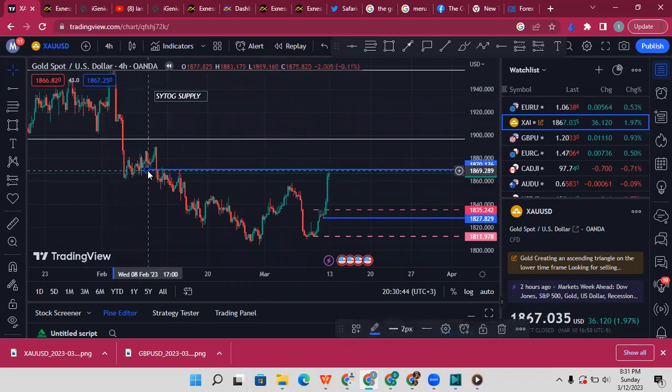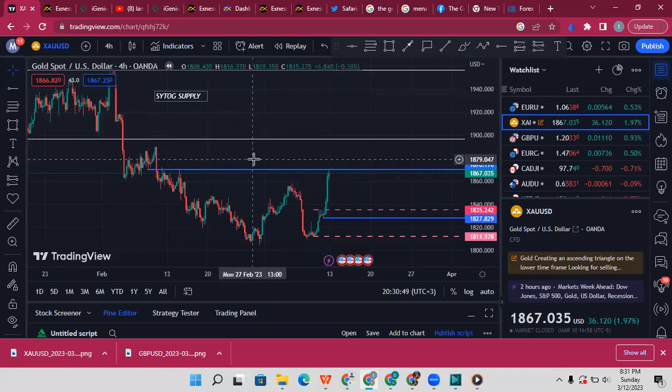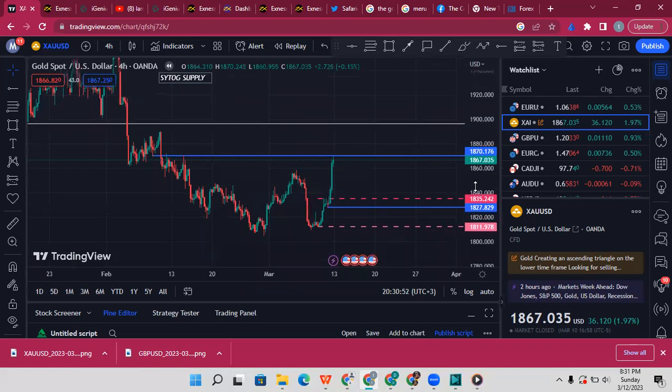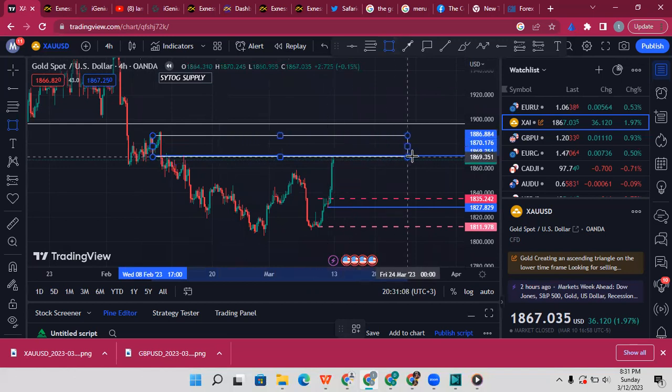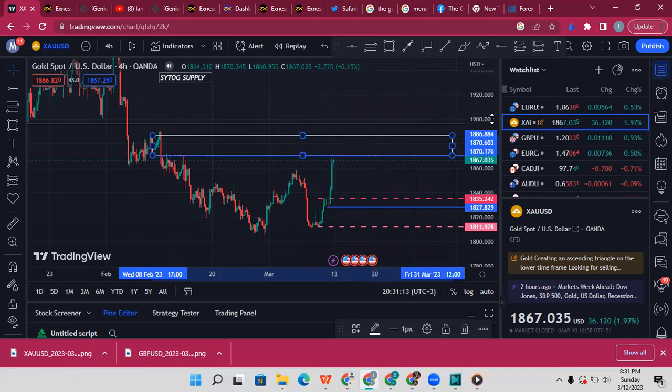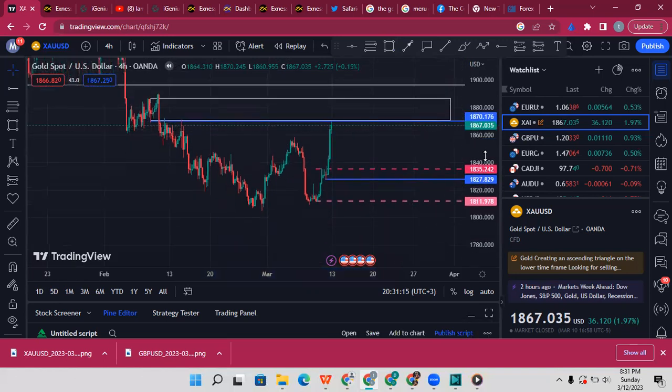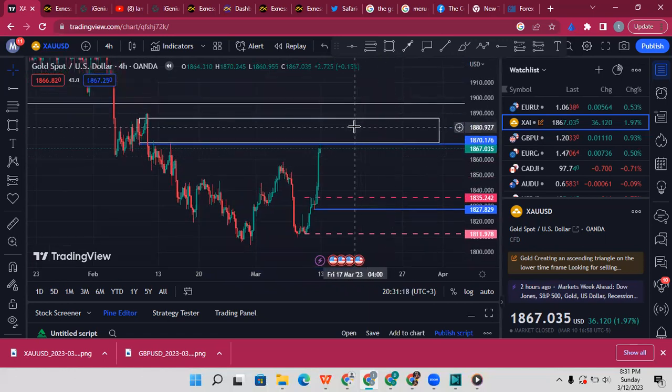I'm looking at this zone as a major one, and I'll just draw this. I'm seeing this as a supply.